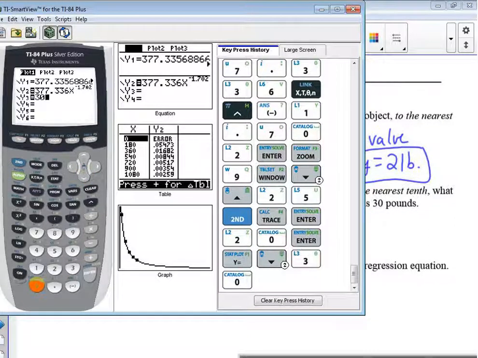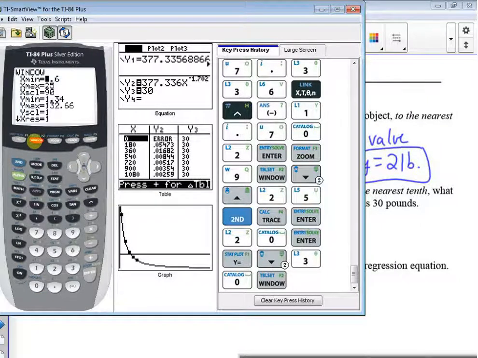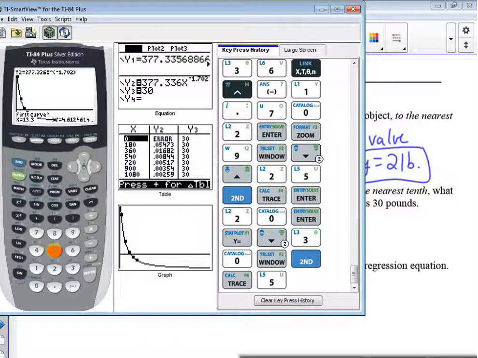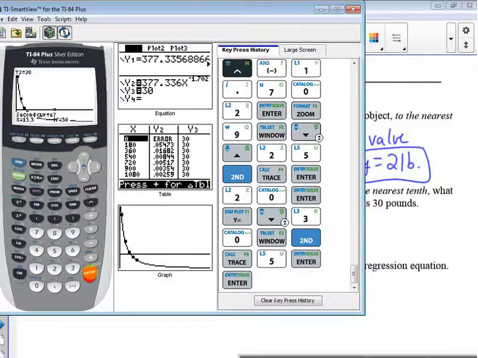So 30, and if I look at my window, my y-min looks like it accommodates 30, so second trace intersect, and enter, enter, enter. So when it's 30, the x value, the distance to the nearest tenth, is 4.4.